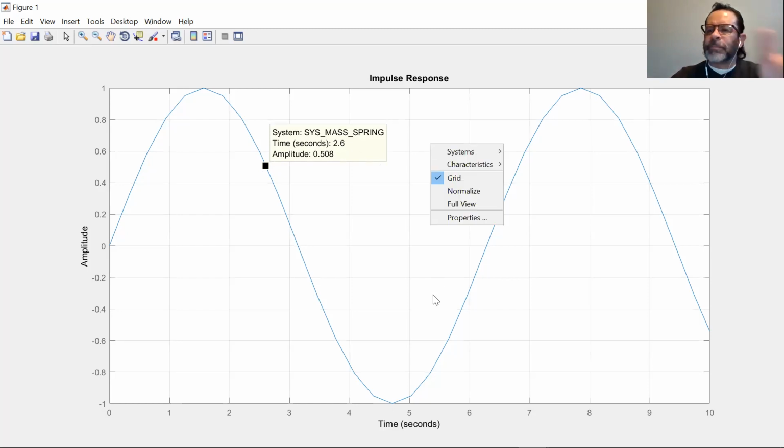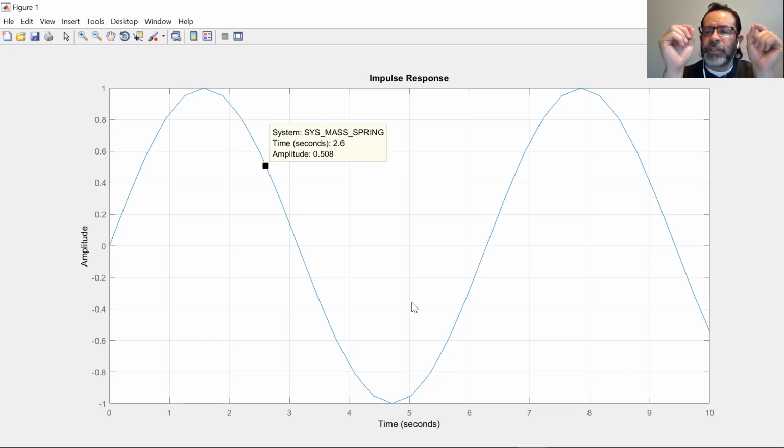We can play around with this, and this is going to be practical and useful. Okay. So this is how the mass spring responds to an impulse input, or a very large input that is given in a very small time that would be yanking the string. Okay.